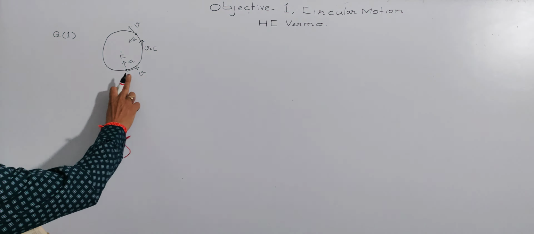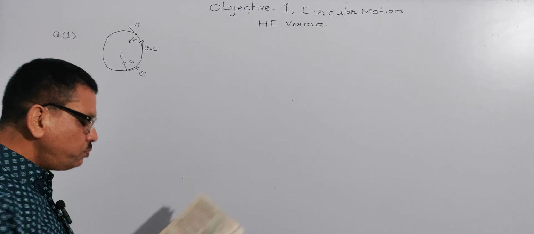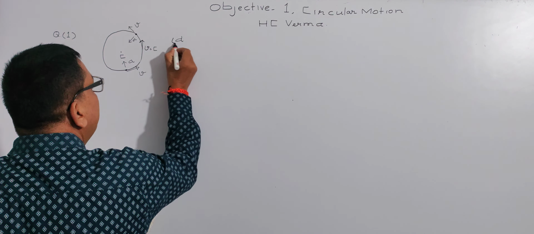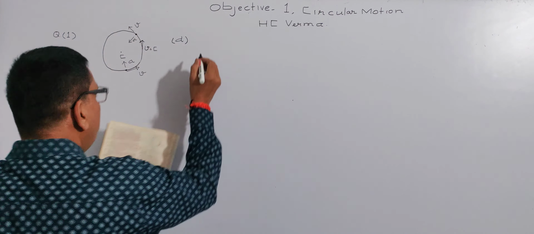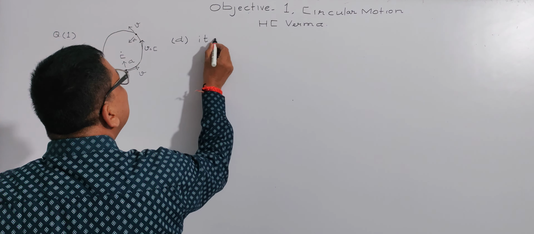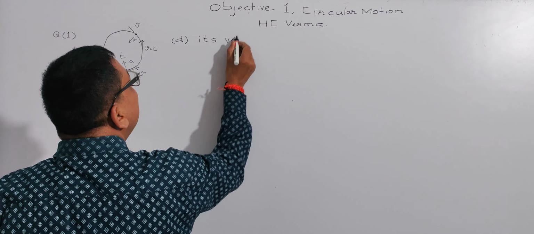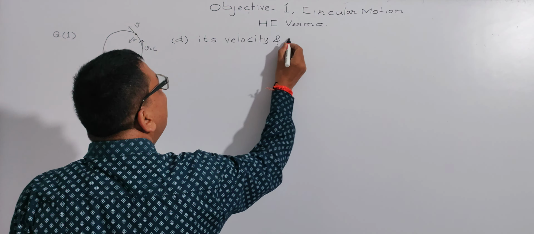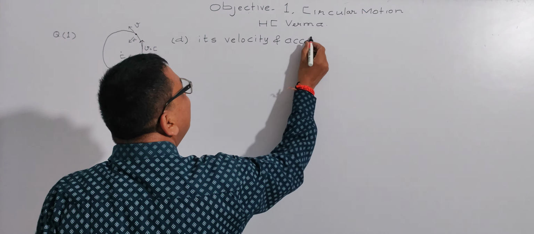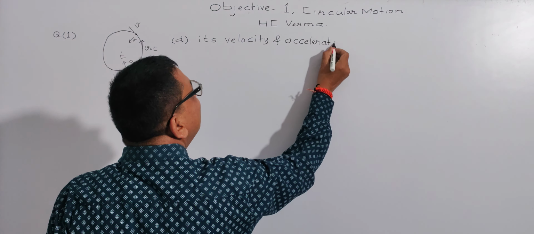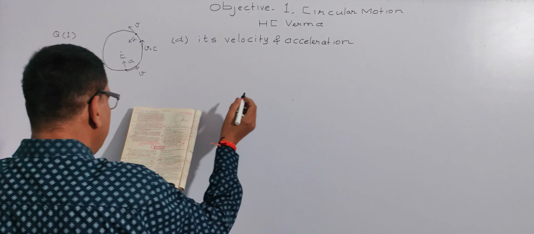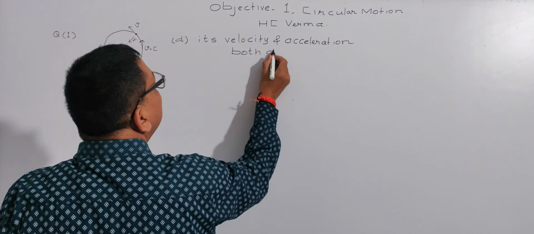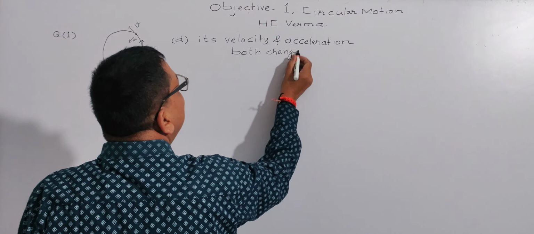So you will observe everywhere acceleration and velocity is changing. So the D option is correct. Its velocity and acceleration both changes, right? So this is correct option.